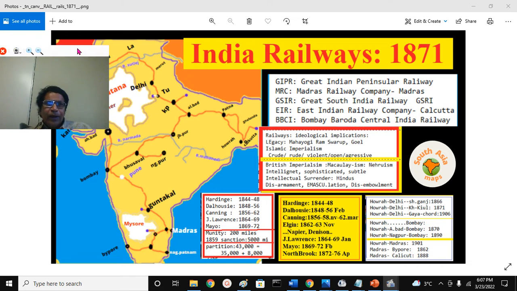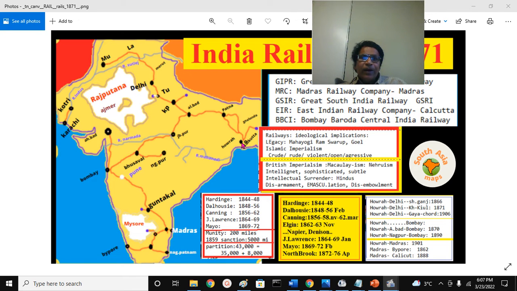So, the main line from, say, Howrah, we discussed why the railway lines were mostly built from the Howrah side, that is the other side of the river Bhagirathi or Hooghly. Howrah to Delhi, and Delhi to Amritsar, Lahore and Multan.